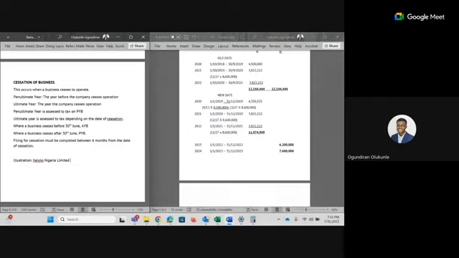Ilelo Law Limited has been in business for several years.